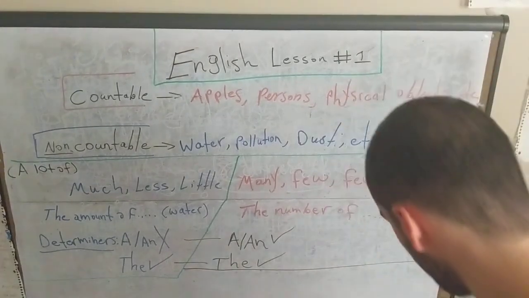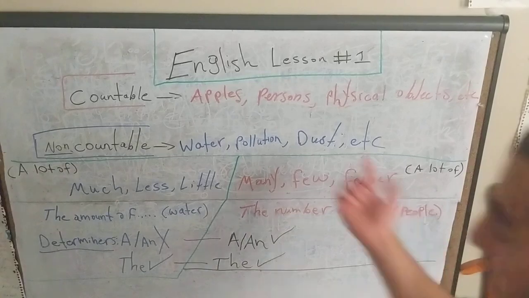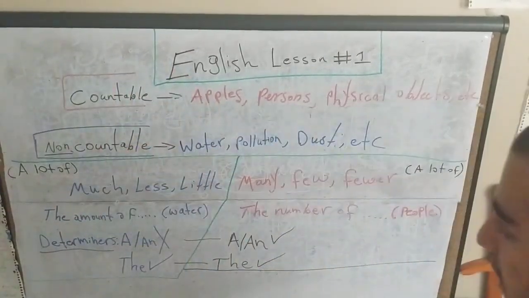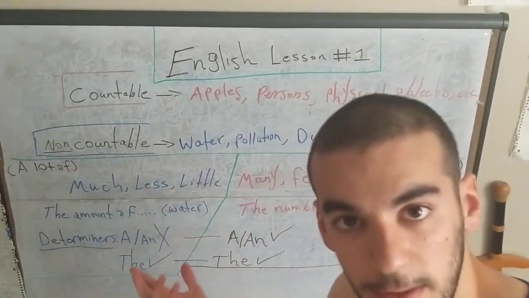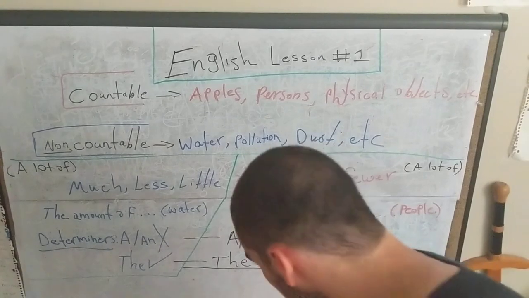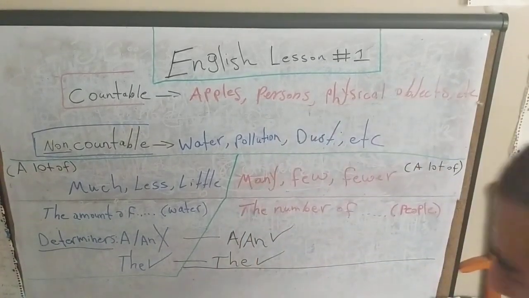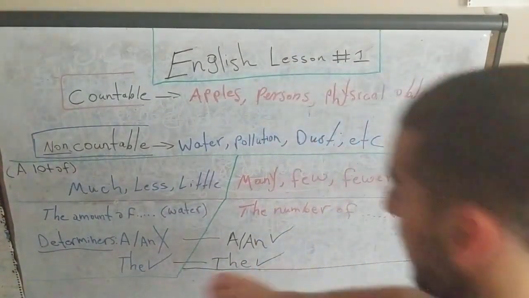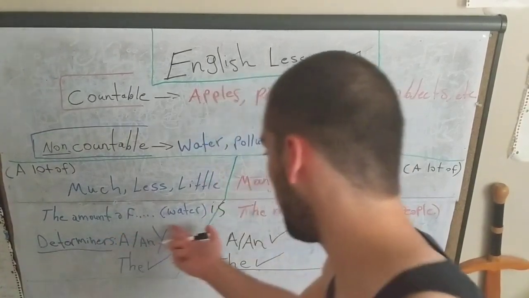rulers, for example, okay? Now, coming down here, the amount of is for non-countable. For example, the amount of water is, okay? And one other thing that I forgot to mention is singular and plural verbs, okay, which I'll get to here in a second. But you can see that it is the amount of water is.